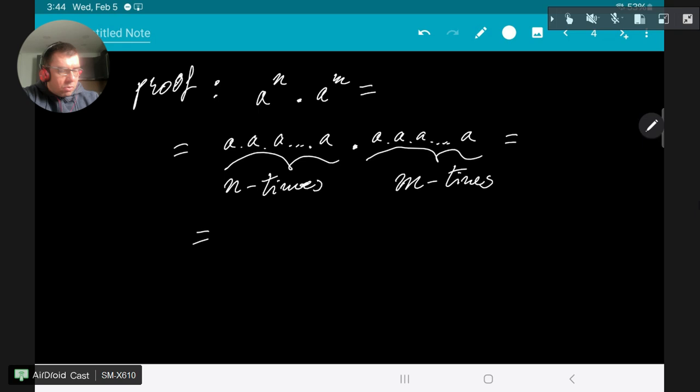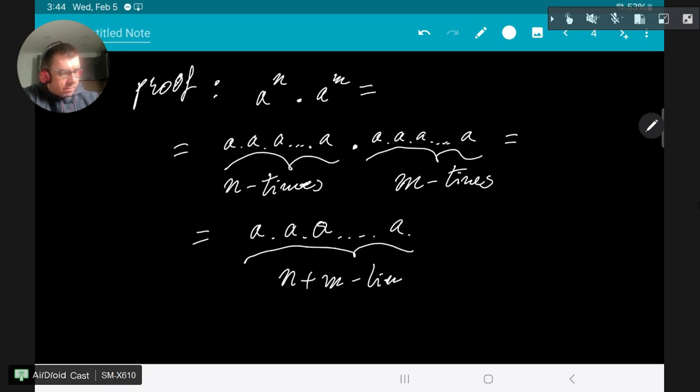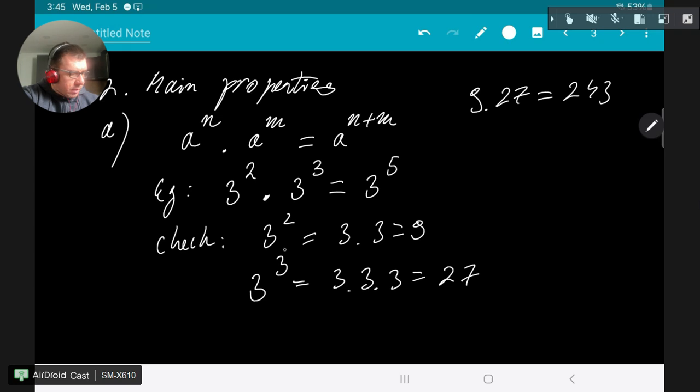And obviously this is going to be equal to a times a times a, a total of n plus m times, which is a to the power of n plus m. So as I said here, if you have 3 to the power of 2, this is 3 times 3, and then if I continue multiplying it by 3 to the power of 3, which is 3 times 3 times 3, I have 3 multiplied by itself a total of 5 times. So this is 3 to the power of 5.